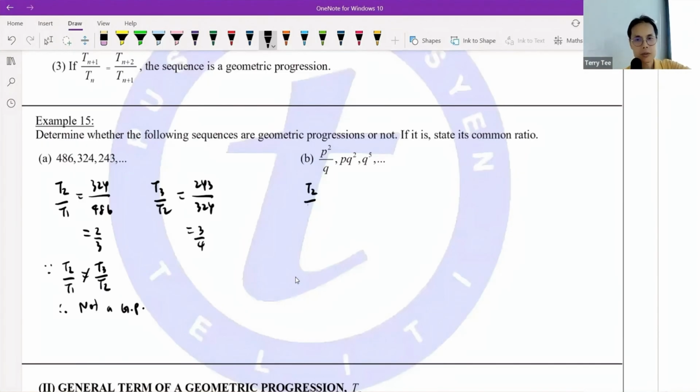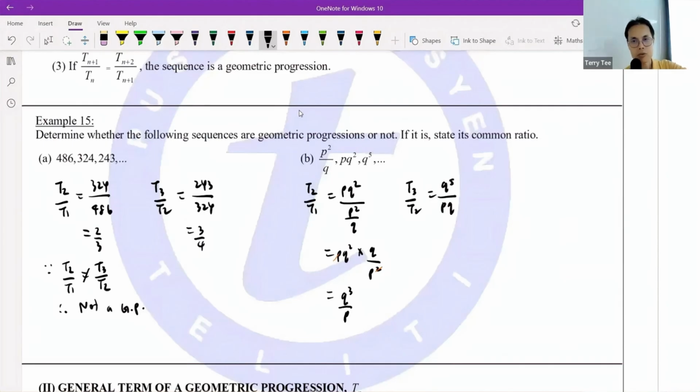Okay, second one. Take T2 divided by T1: PQ squared divided by P squared over Q. We can flip this upside down, times Q over P squared. When you cancel P squared with P, Q and Q multiply together. This will be Q power 3 over P. Then T3 divided by T2: Q power 5 divided by PQ squared.